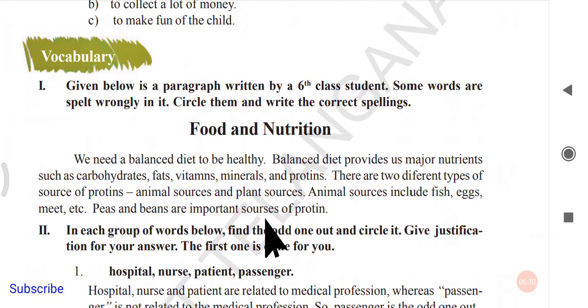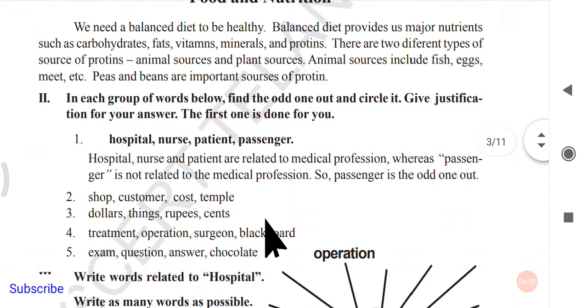Next we have Roman number 2 here. In each group of the words below, find out the odd one out and circle it. Give justification for your answer. The first one is done for you. Just like odd one out that we do in reasoning. Look at the first one here: hospital, nurse, patient and passenger. Which is different in this?